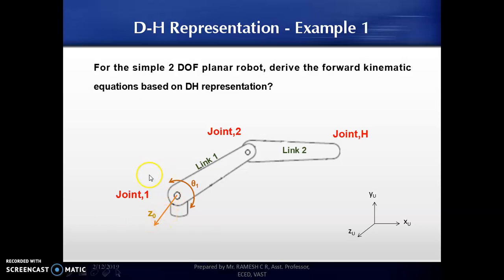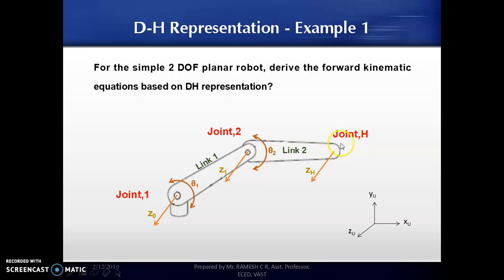As per the rule, the z-axis of joint 1 is designated as z0, and the joint variable for joint 1 is designated as theta 1. For the second joint, the z-axis is designated as z1, again parallel to z0, and its joint variable is designated as theta 2.